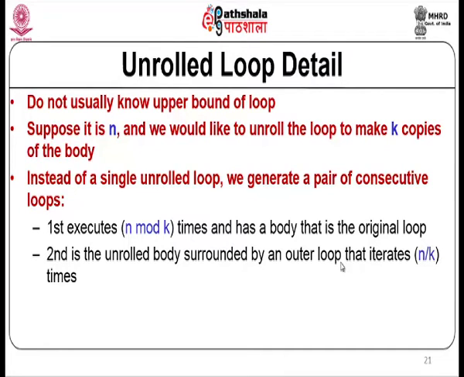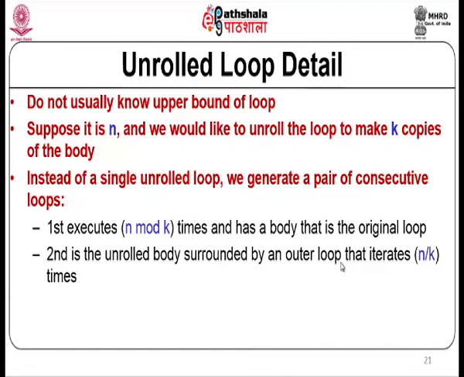The first loop executes n mod k times, and it is the original loop, which is a rolled loop. The second one is the unrolled body surrounded by an outer loop that iterates n by k times. Say for example, if you have to execute the loop 100 times, and let me say I am able to unroll the loop 6 times. Which means I will have a loop which has been unrolled 6 times, and that will get executed 16 times.